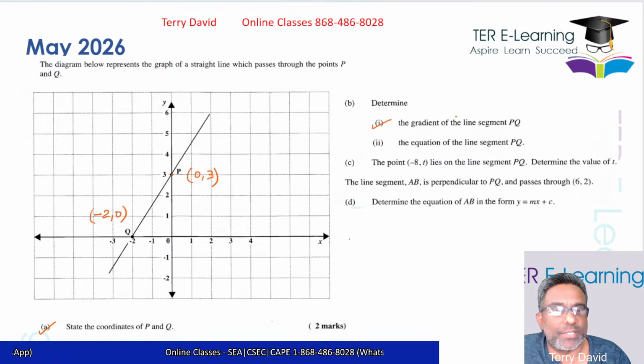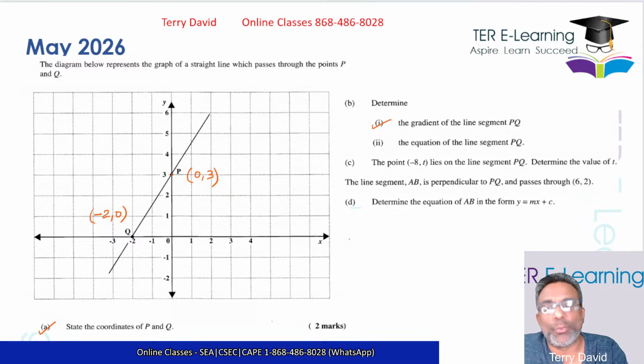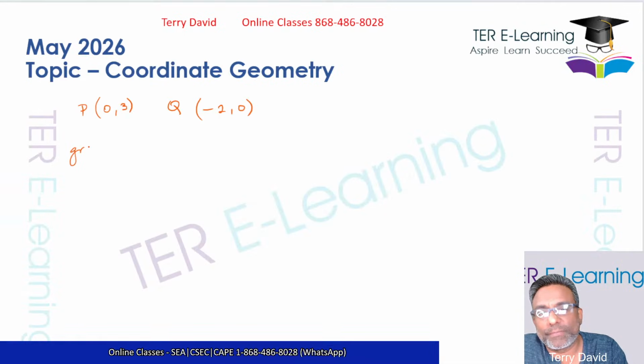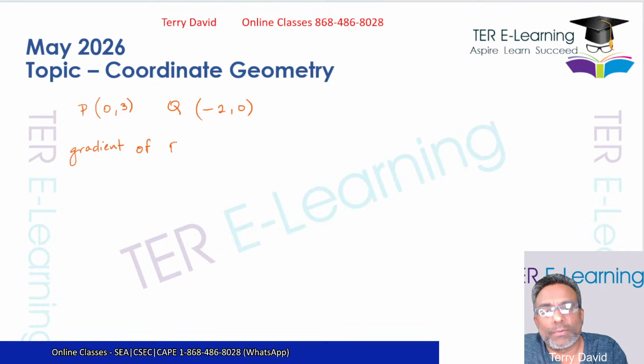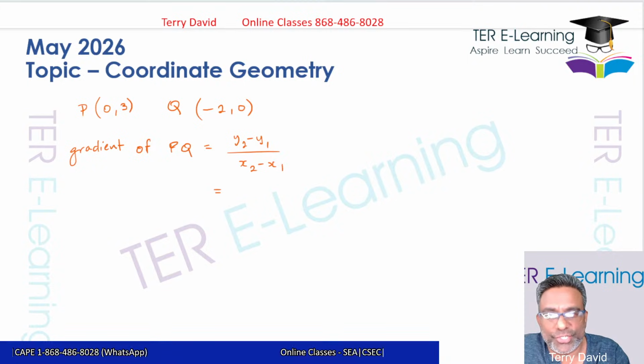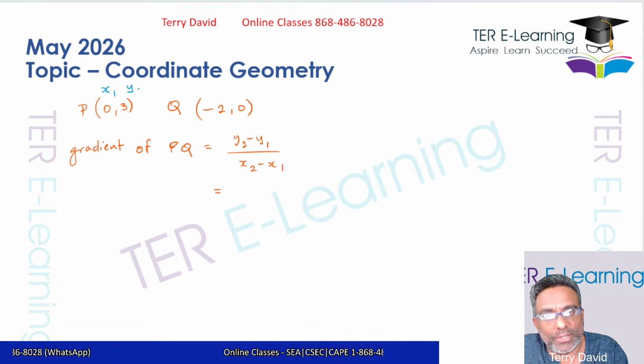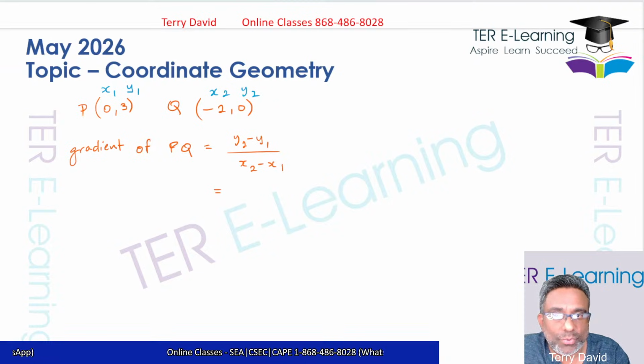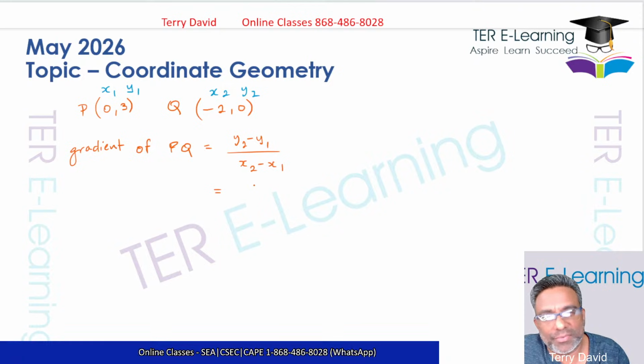The gradient formula is given by y2 minus y1 all over x2 minus x1. Before you even work out the gradient, my suggestion is to label your coordinates. We're going to call this x1, y1 and this x2, y2. Once we label, it's just a matter of substituting into the formula.